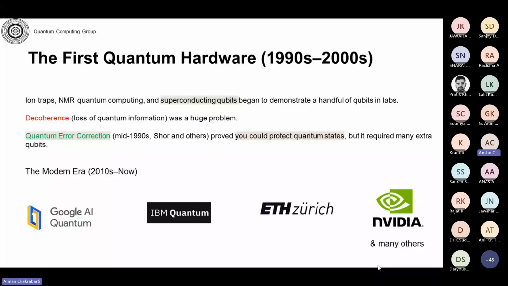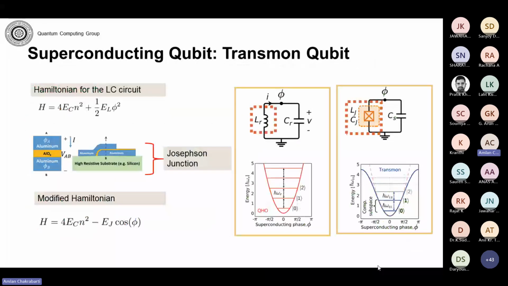Now, as the previous speaker has already explained in a very well demonstrated way, the fundamental thing is that we are trying to look into superconducting qubits. And the fundamental of the superconducting qubits is the transmon qubit. What is this?